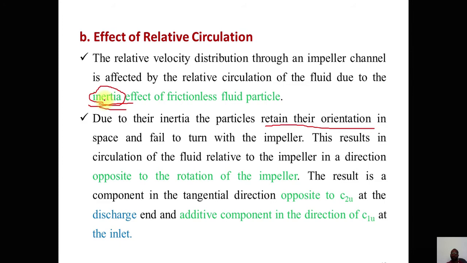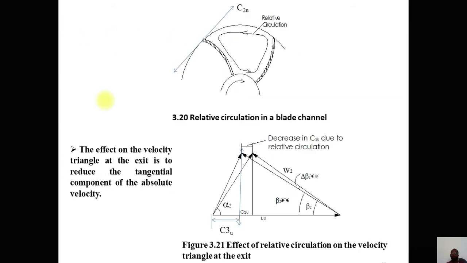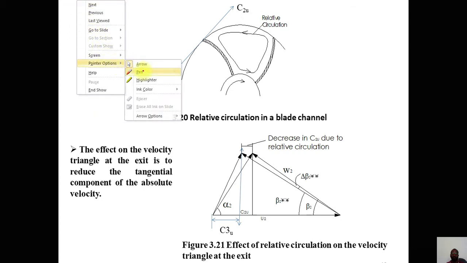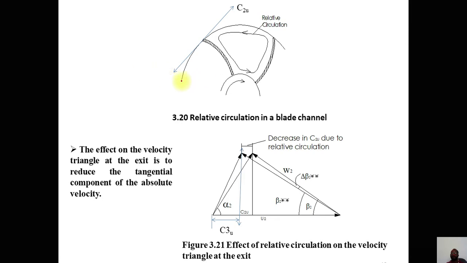Meaning that if we take the movement of fluid here, this one is the impeller. Then there is an impeller. This is an impeller. Again, you can also add another impeller here.